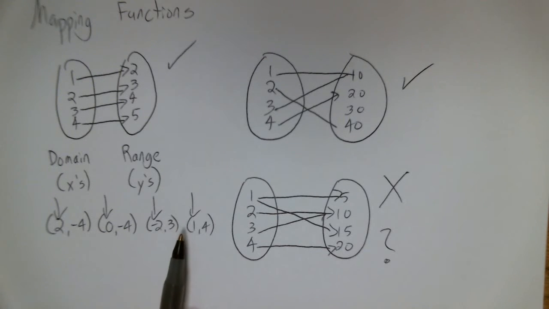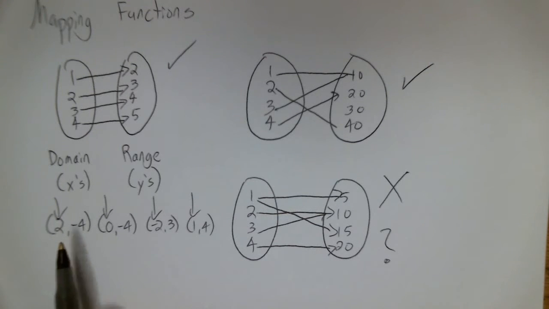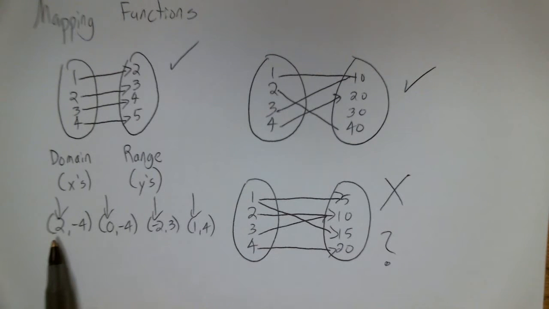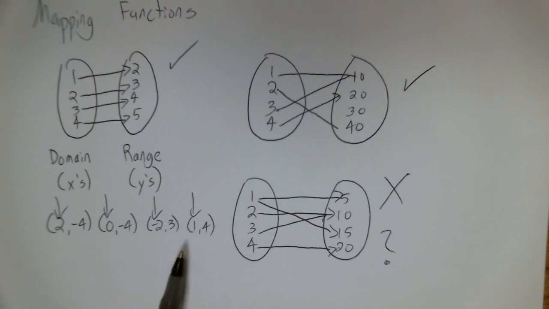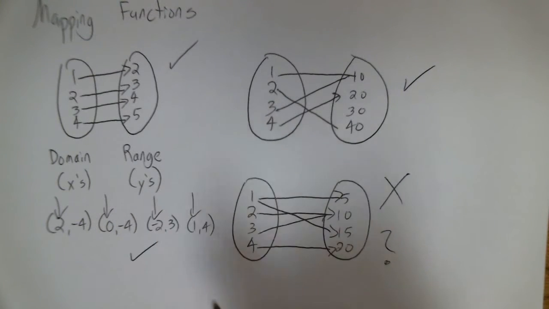Do I have 1 x going to 2 different places? Do my x's repeat? In this case, if your x's don't repeat, then yes, absolutely, it is a function. There's no other 2, no other 0, no other -2, no other 1. Yes, that's a function, because every x has 1 and only 1 y.